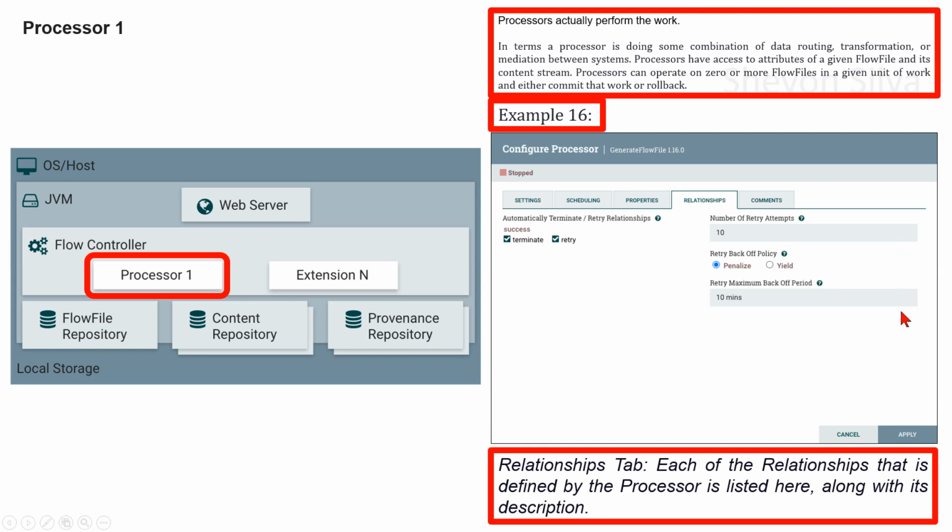This number indicates the maximum available time period before another retry attempt occurs. If both terminate and retry are selected, any retry logic will happen first, then auto-termination.